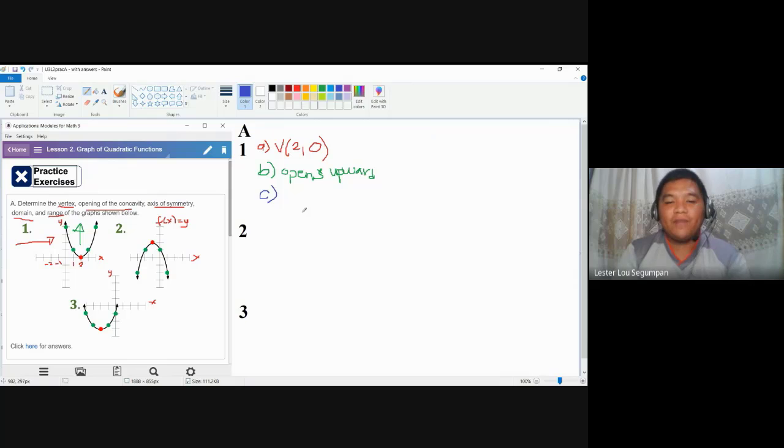It should be in the form of a line. When placed on the parabola or the graph, it divides the parabola into two equivalent mirror images.